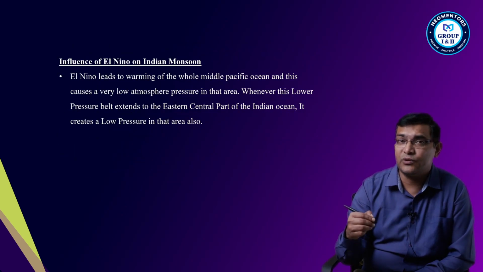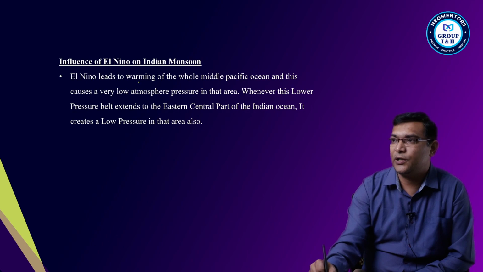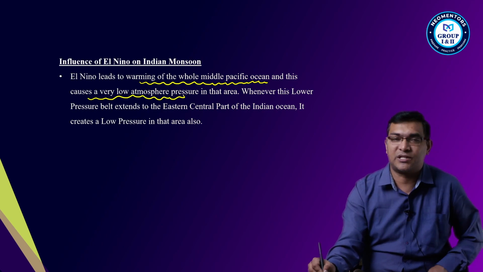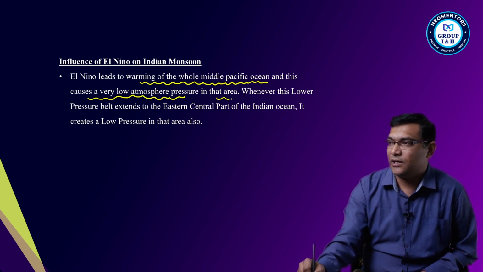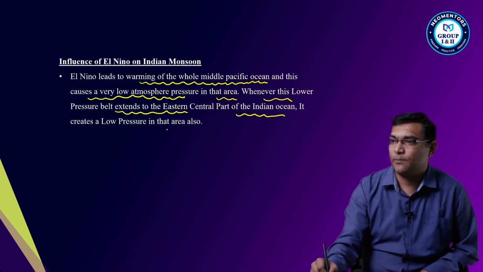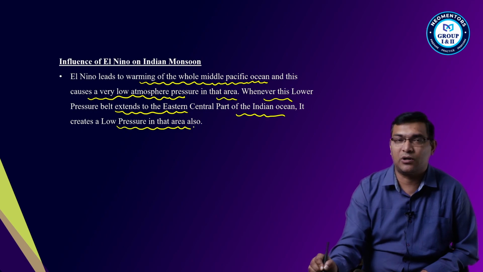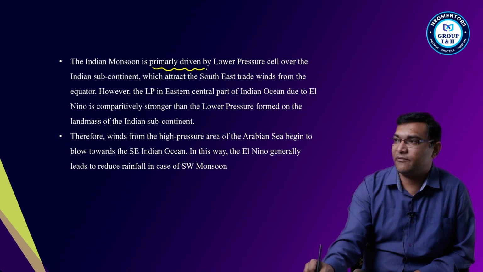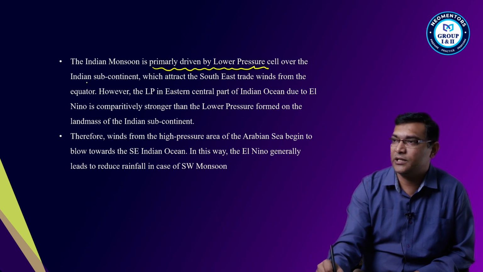Then what will happen? How is the influence seen? El Nino leads to warming of the whole middle Pacific Ocean and thus causes very low atmospheric pressure in that area. Whenever a low pressure belt extends to the eastern Pacific Ocean and part of the Indian Ocean, it creates low pressure in that particular area. The Indian monsoon is primarily driven by a low pressure cell over the Indian subcontinent, which attracts the southeast trade winds from the equator.